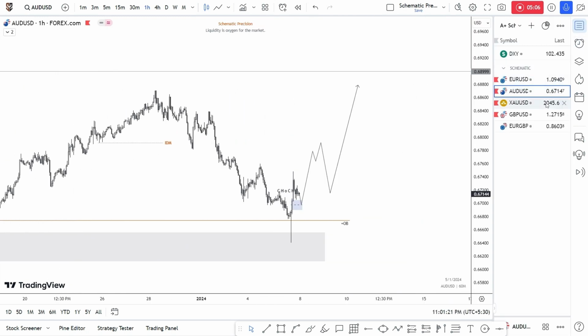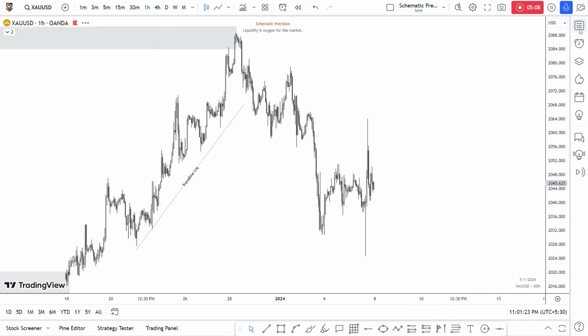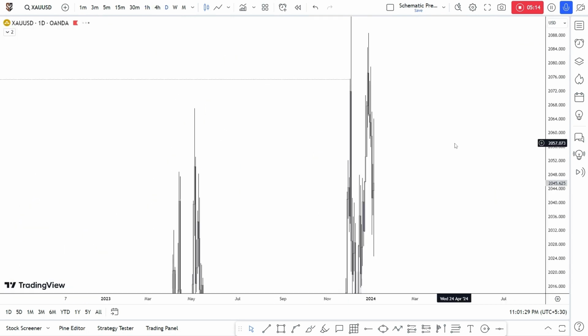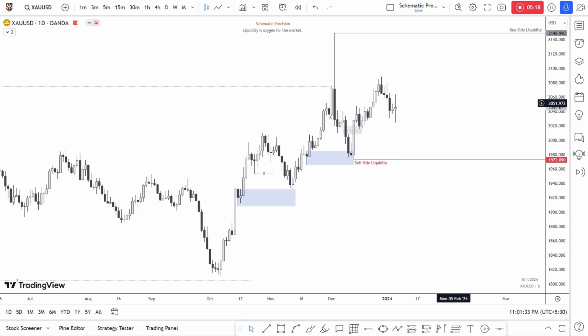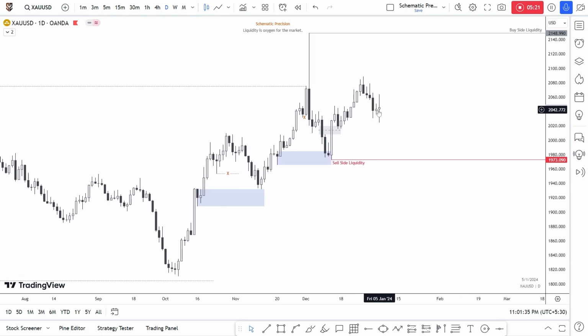Jumping onto the last pair for the day, gold, which is XAU USD. So on gold, things have been messy in the previous week. So what's going on? Fundamentally, institutions are heavily bullish on gold, right?